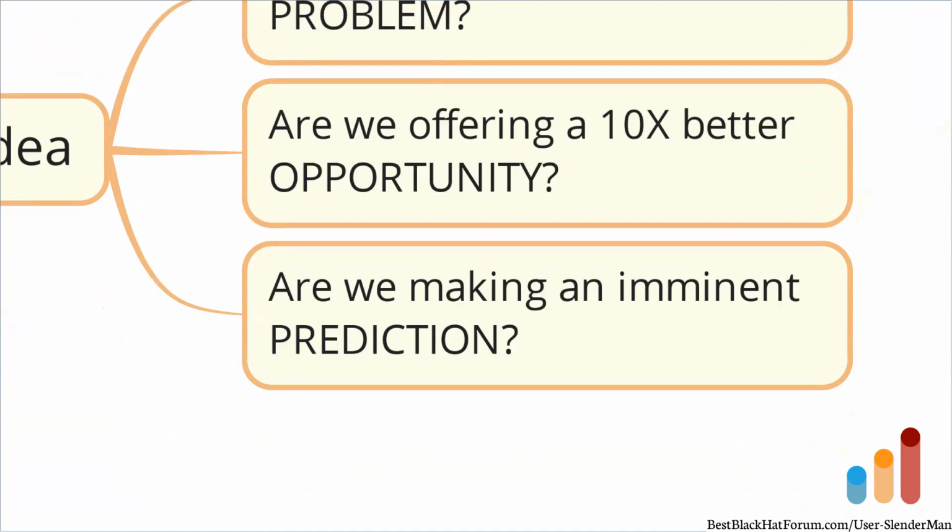And that's where the best copywriters do spend 80% of their time, because once you've gotten whatever the urgent problem or the 10x opportunity or the imminent prediction are, it's so much easier to move forward from there.